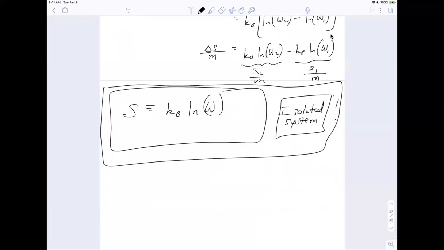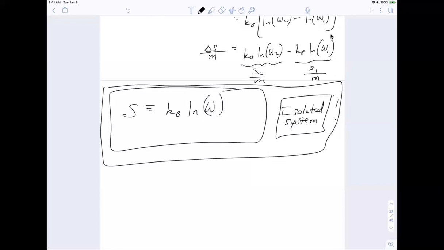Since an isolated system has constant U, many people interpret this, and this is another interpretation you may have seen, as the number of ways you can have energy, which in an isolated system is constant, dispersed amongst the particles or elements of that system. With each particle or element carrying some amount of that energy, how many ways are there to distribute it? That's what entropy is in another interpretation.